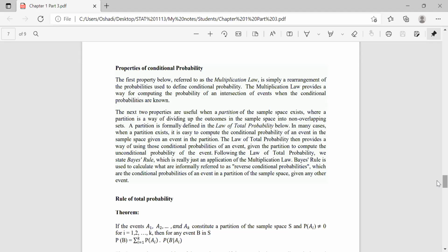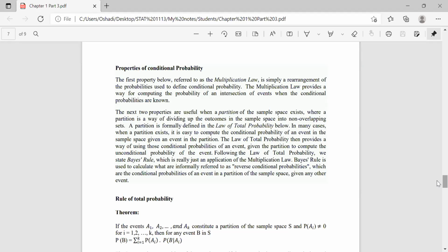So in that case, the unconditional probability of the second event can be calculated using the law of total probability.